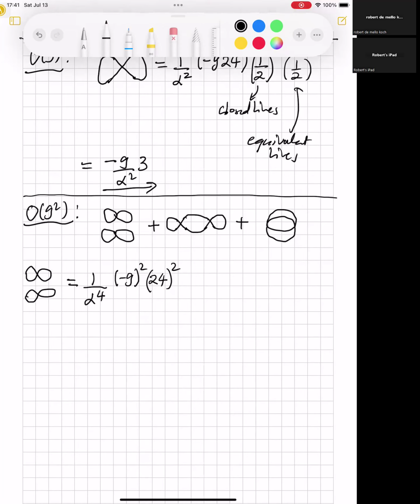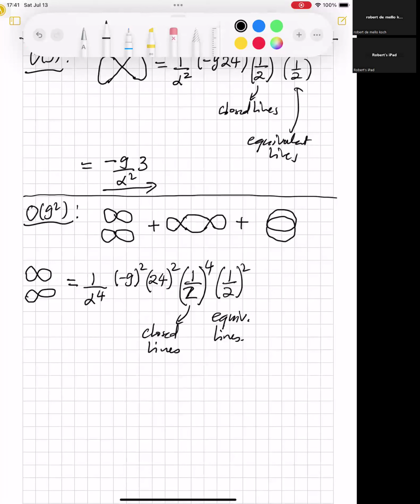Then how many closed lines do we have? Well, I think you can see that there is 4 closed lines, so we'll have 1/2 to the 4. This is for the closed lines. And I think by now you can check that for yourself. And then we've got 1/2 squared for the equivalent lines.